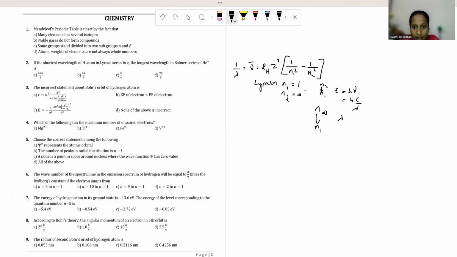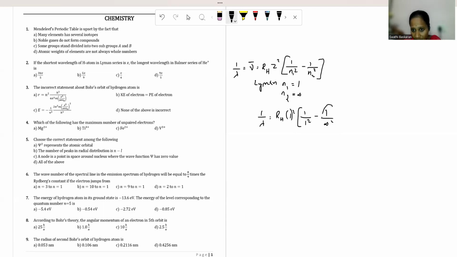Now let us find out what value you would get by substituting these values. 1 by lambda is equal to RH Z square, and the atomic number of hydrogen atom is only 1, so let us write 1 square, into 1 by 1 square minus 1 by infinity square.